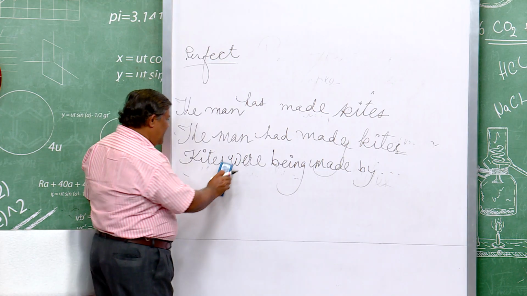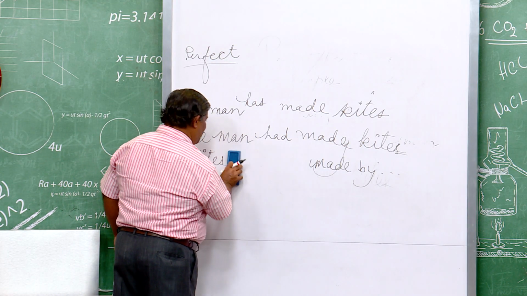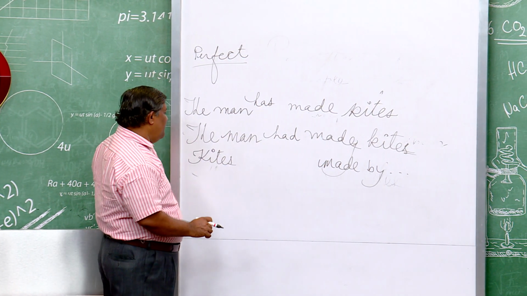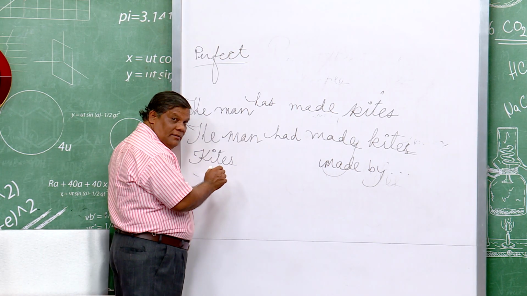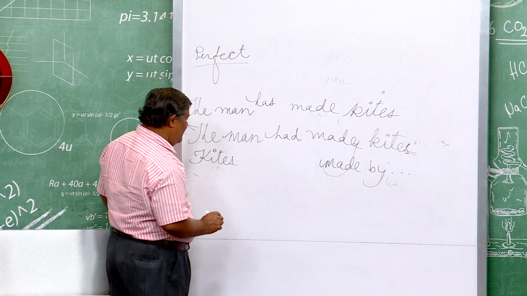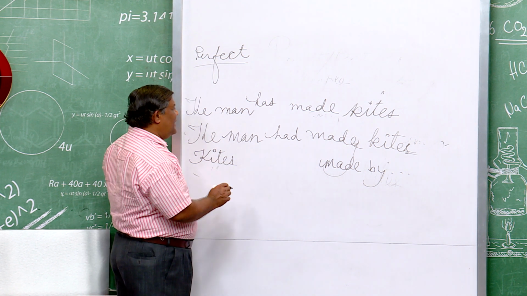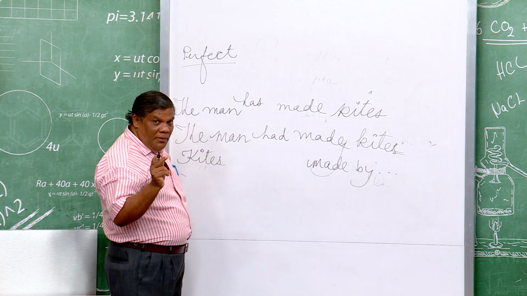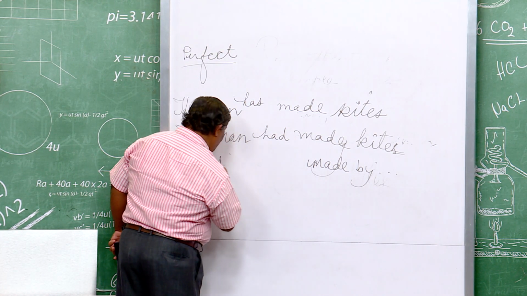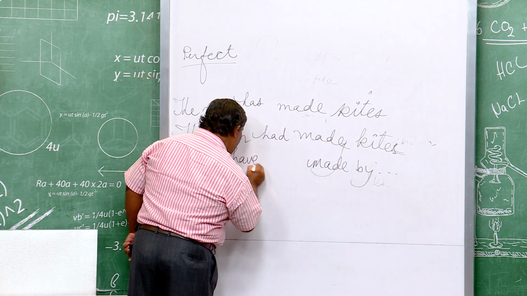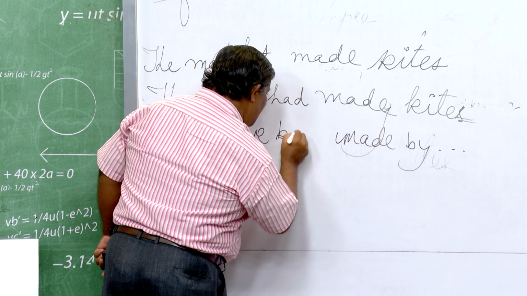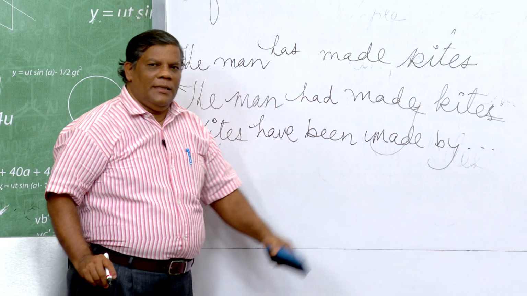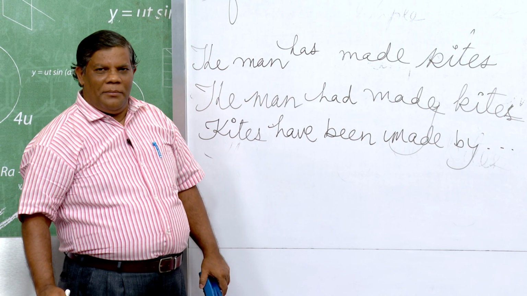And when we make such a sentence passive, how is it passivized? When it is present perfect, it is has, therefore, when we make it passive, object first. So, let us write kites, then the form is have, for present tense it is have or has. Kites is plural, so it needs have. Then we write been: kites have been made by the man, the present perfect form.